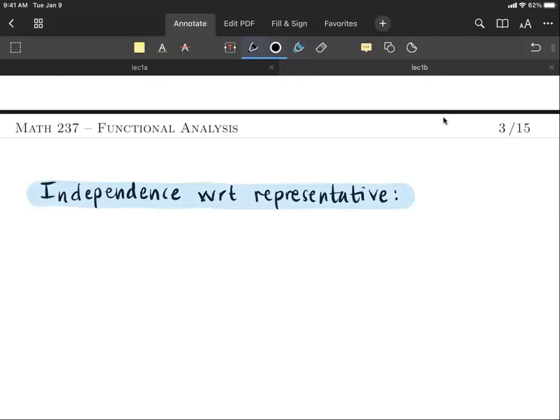Let us take representatives, denoted by prime, of the two equivalence classes determined by the Cauchy sequence xn and the Cauchy sequence yn.